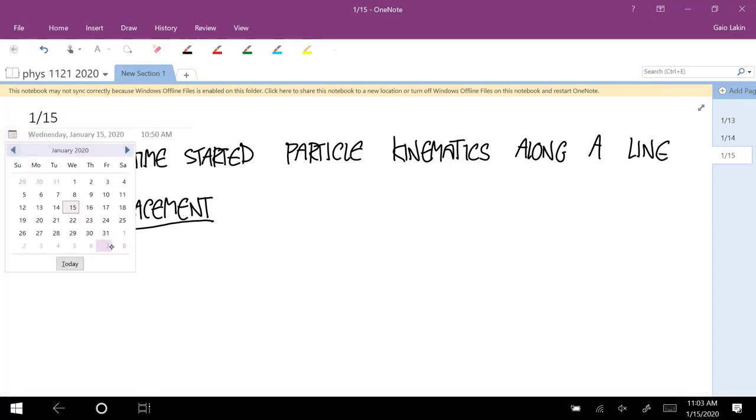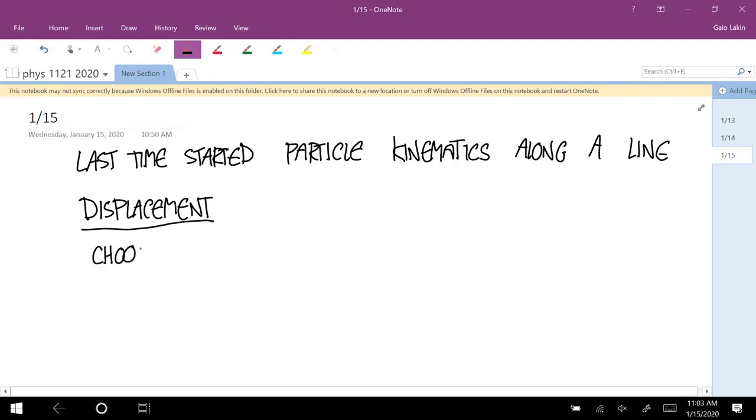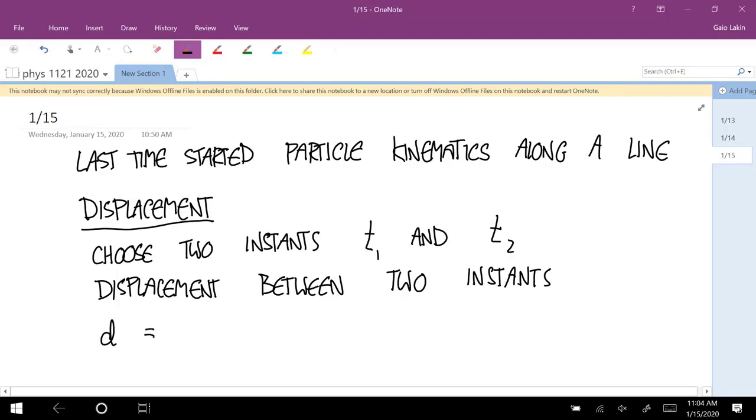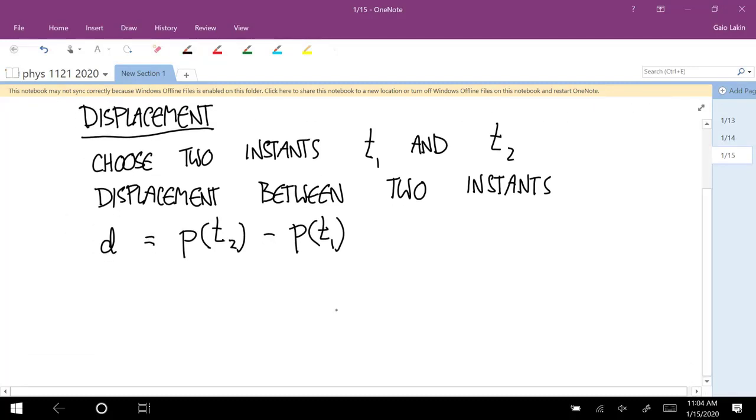It's related to position. If you choose two instants, T1 and T2, then the displacement between those two instants, and I'll call it lowercase d, is the position at the later time minus the position at the earlier time. A couple of things to notice about the displacement.